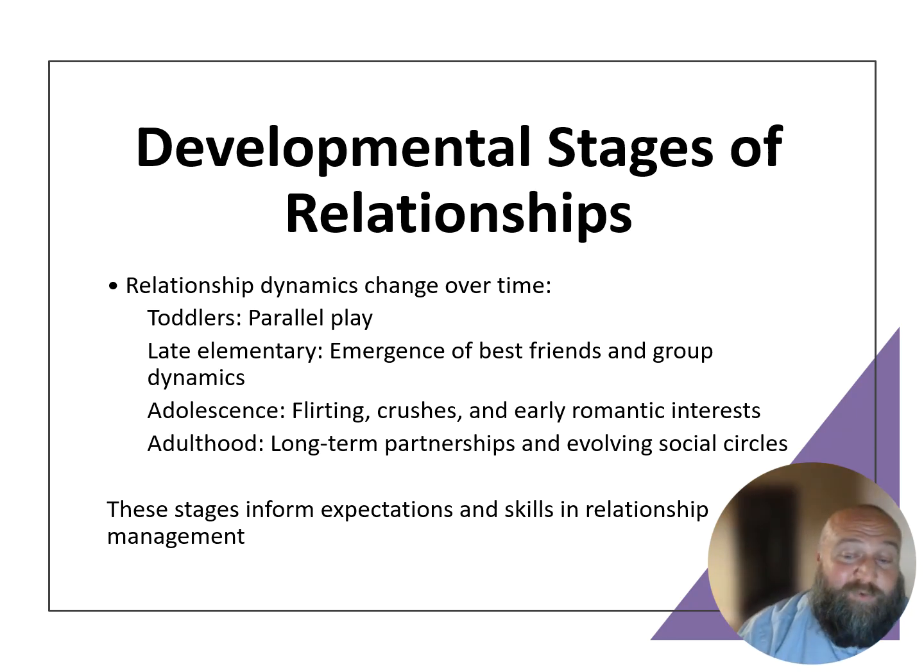And this is also where we start to add the added element of romantic relationships. So not just friendships, not just family relationships, but dating, sexual interests, which are far more complex, in my opinion and in my experience, than regular friendships are. And of course, once we start getting into adulthood, that's where we deal with long term partnerships and involving social circles. In particular, where we start to have to deal with differing demands.